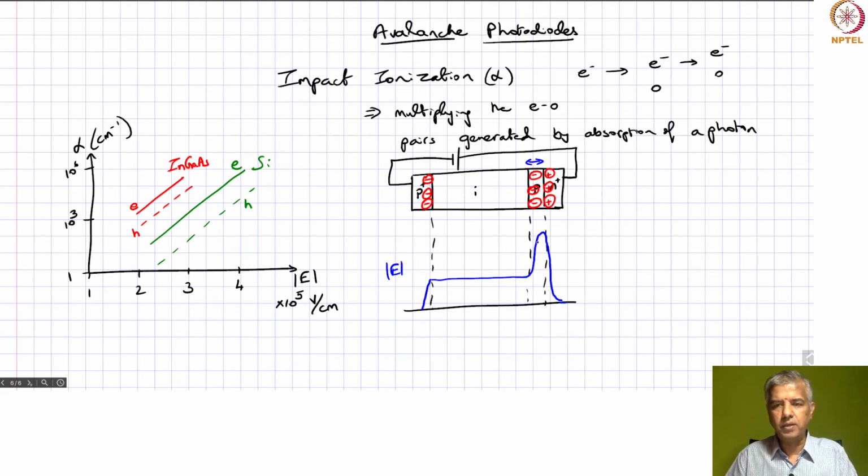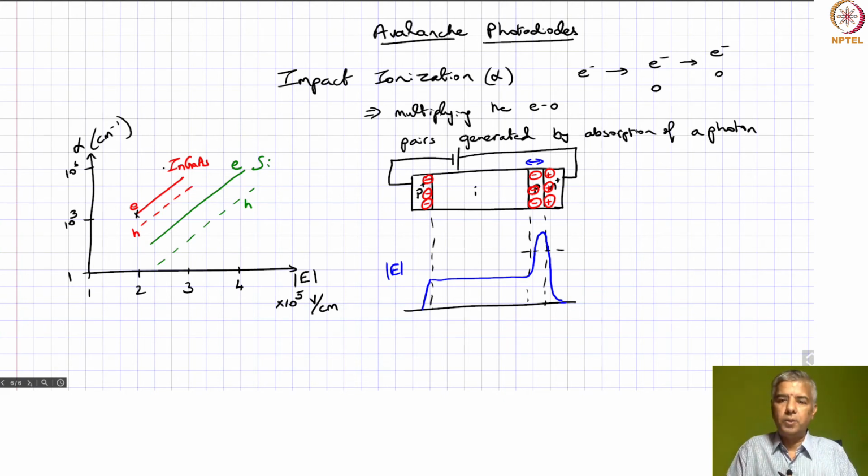You can get to a point where the field levels are somewhere like this, so you may achieve that threshold at this sort of level. Any higher voltage than that, which corresponds to a higher field, gives you an even higher impact ionization coefficient.